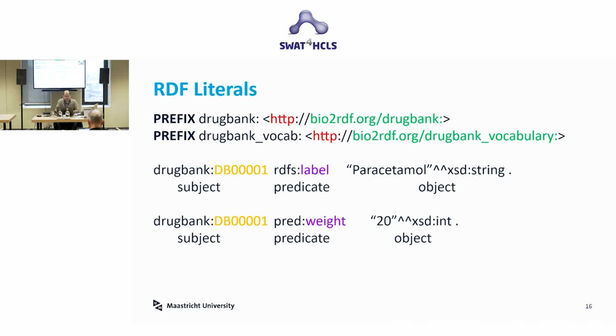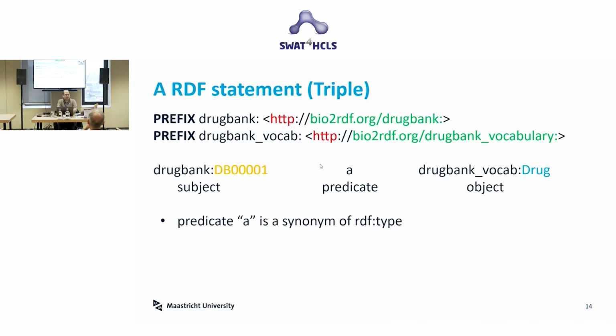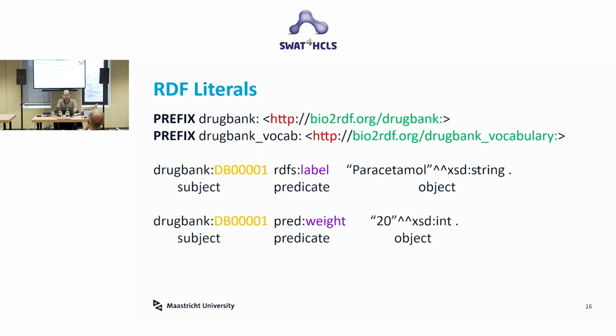So another example to build on that. Before, we used the identifier for drug, or URI for drug, and we used the predicate A or RDF type to link it to a class to say that this URI is a drug. Here I'm applying that on literals, and we are saying again, this URI has a label, paracetamol.